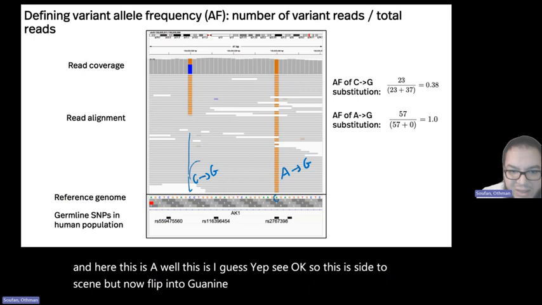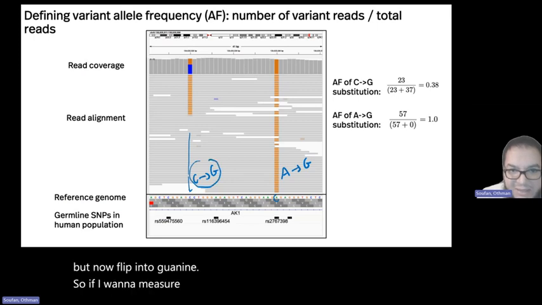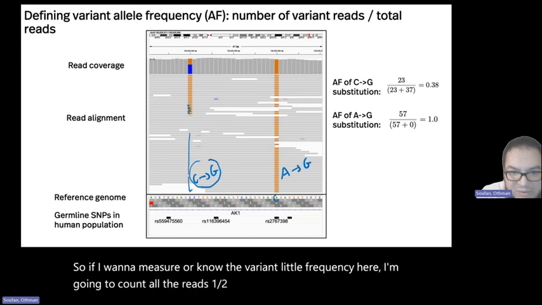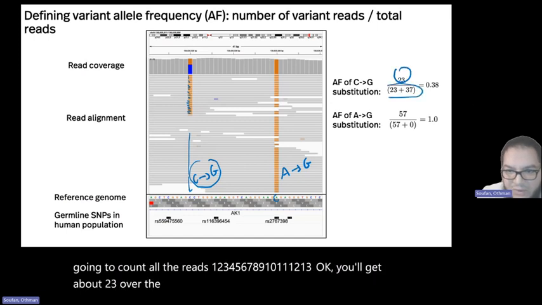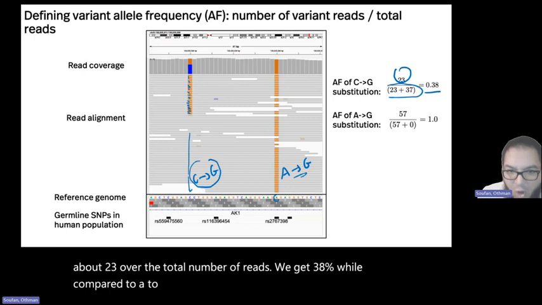So if I want to measure the variant allele frequency here, I'm going to count all the reads: 1, 2, 3, 4, 5, 6, 7, 8, 9, 10, 11, 12, 13. You'll get about 23 over the total number of reads. We get 38%. While compared to A to G, you see that all reads have that.